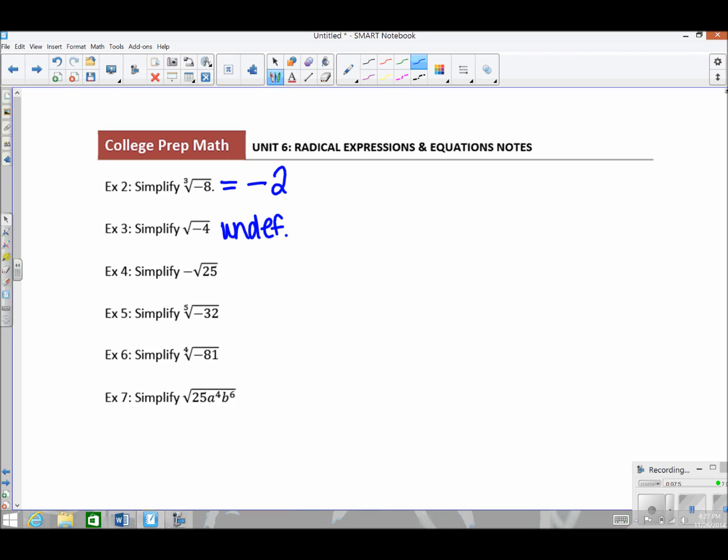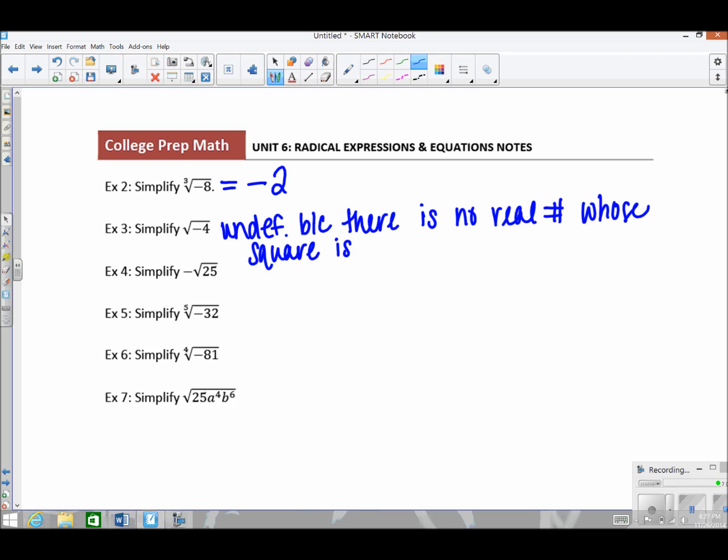So there's no way to multiply the same number by itself twice and get a negative number, because a negative times a negative is positive and a positive times a positive is positive. So undefined, because there is no real number whose square is -4. So it's just not possible to get -4.